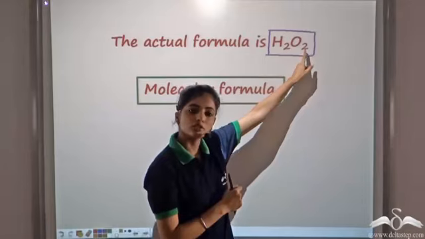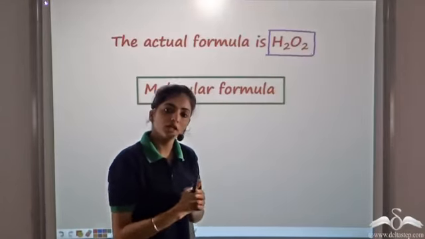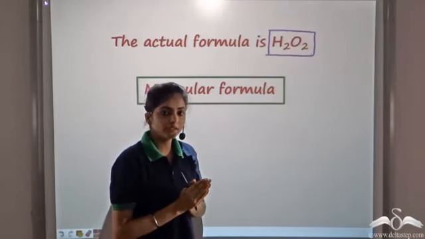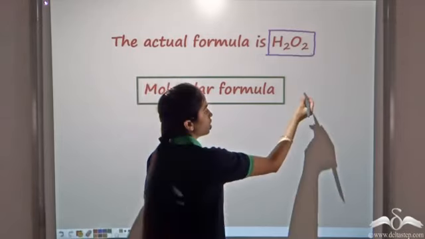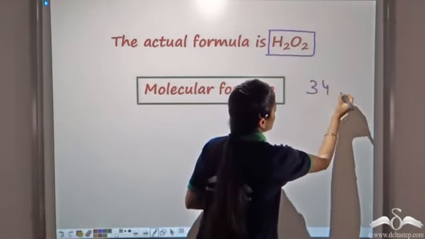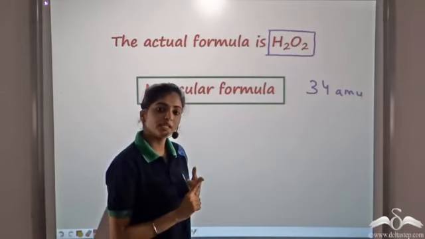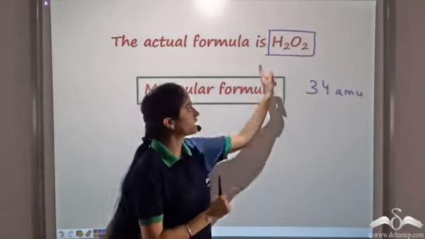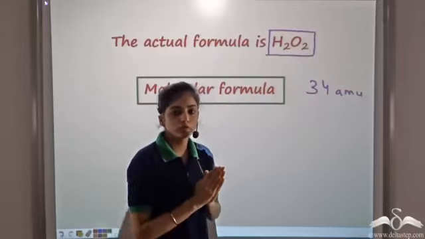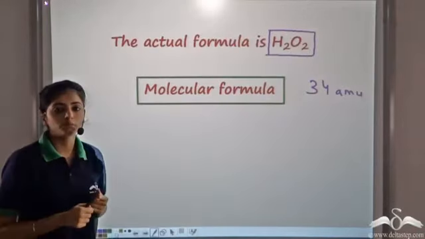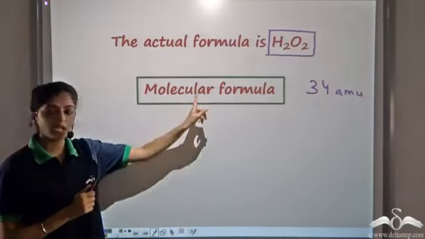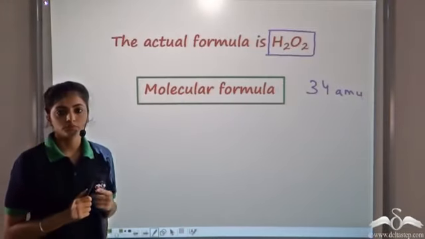But when we know the molecular weight, the actual weight, we saw that it was coming out to be 34 atomic mass unit and not 17. So from that, we can conclude that the molecular formula of hydrogen peroxide is H2O2.